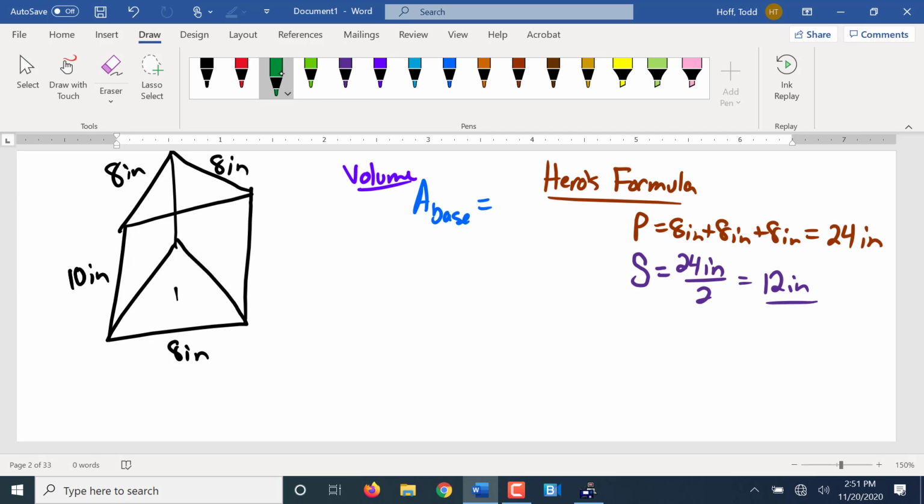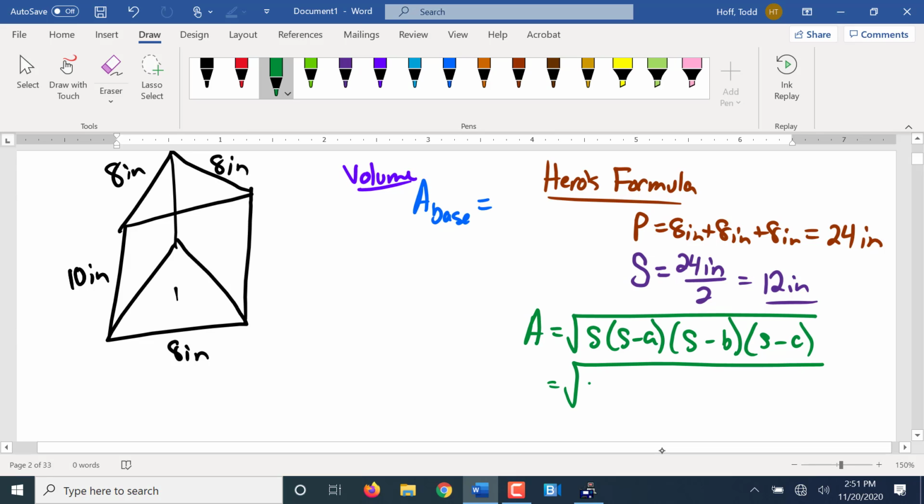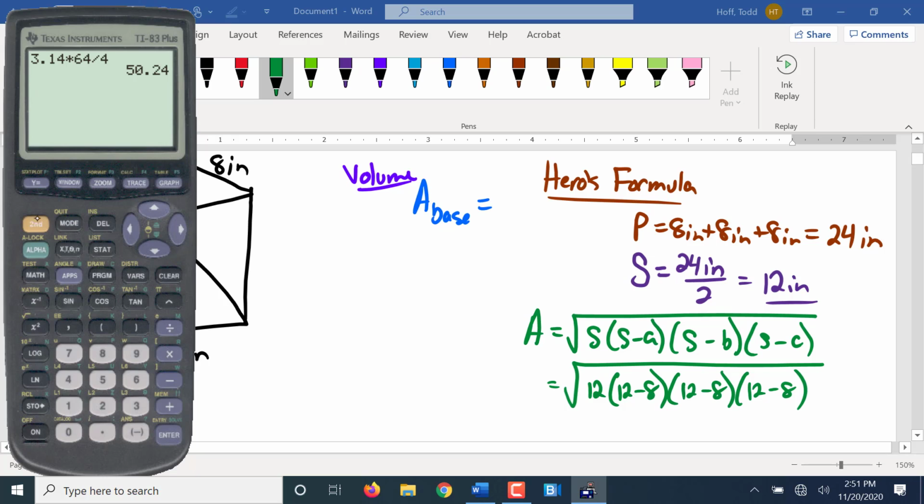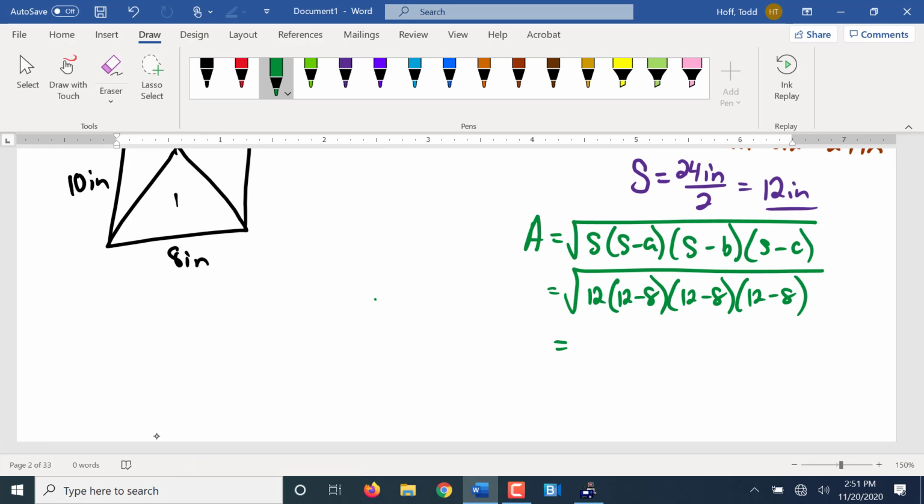And then, of course, the formula for the area is the square root of the semi-perimeter times the semi-perimeter minus side A times the semi-perimeter minus side B times the semi-perimeter minus side C. So here the semi-perimeter is 12, 12 minus 8, 12 minus 8, and 12 minus 8 because all the sides are the same. $27.71, yep. That'll be square inches is the area of our base.